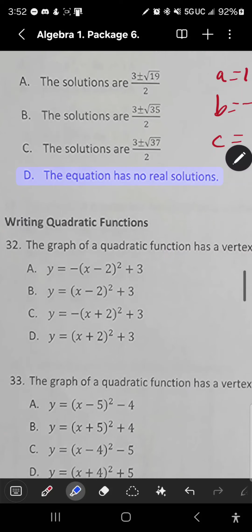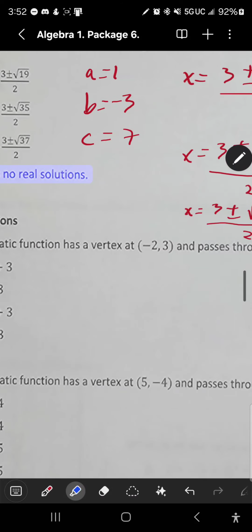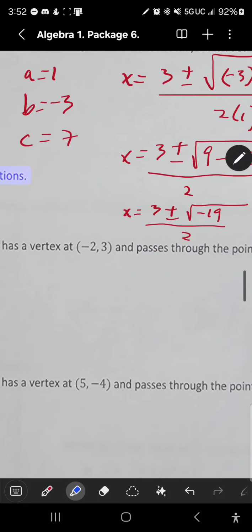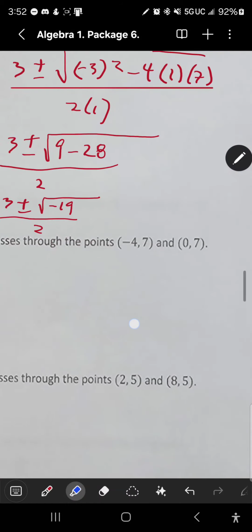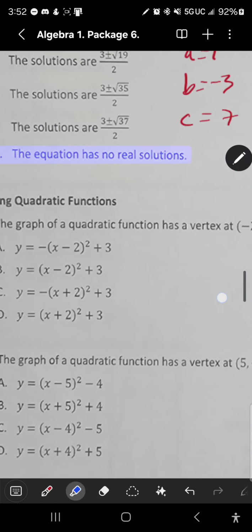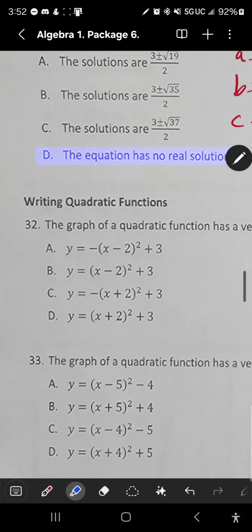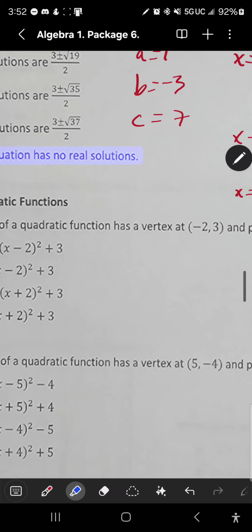Now, the graph of a quadratic function has a vertex at negative 2 comma 3 and passes through the points negative 4 comma 7 and 0 comma 7. What is the equation? Okay, first let's look at the vertex.